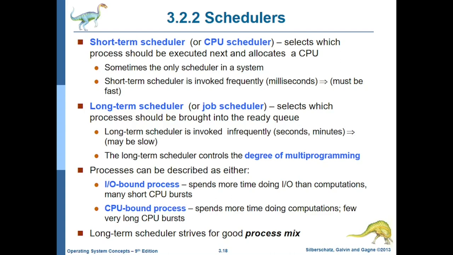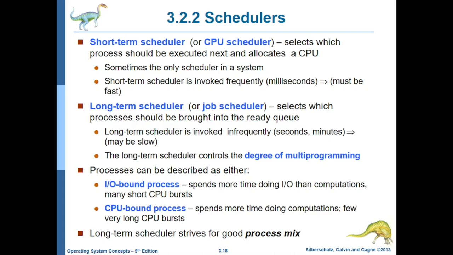A CPU bound process spends more time doing computation than I/O and has a few very long CPU bursts. A CPU bound process typically needs long periods of uninterrupted CPU time and does not use many I/O devices.